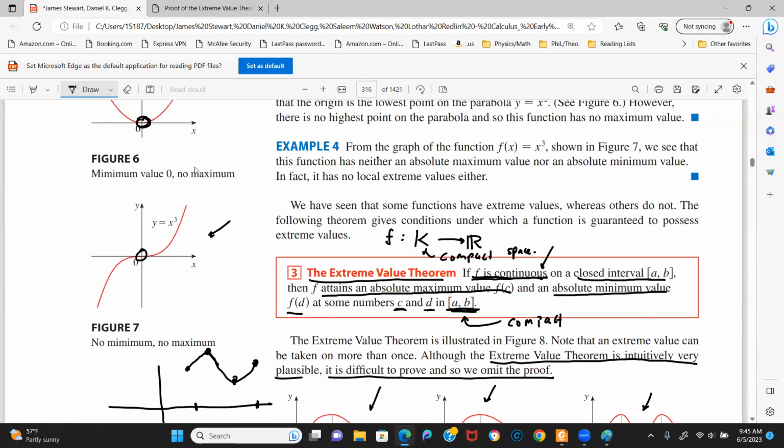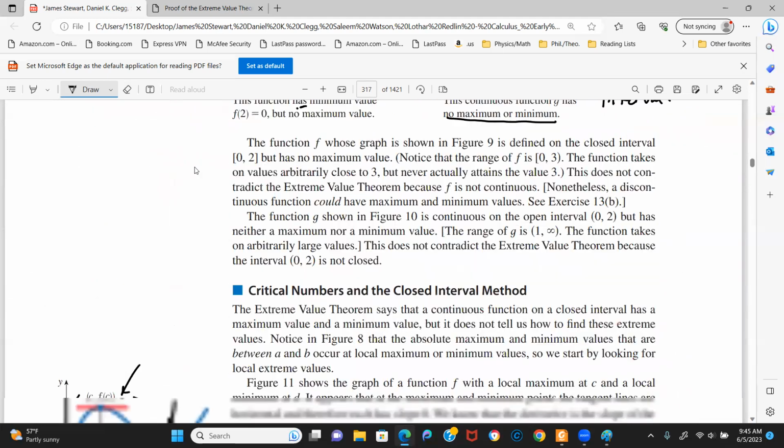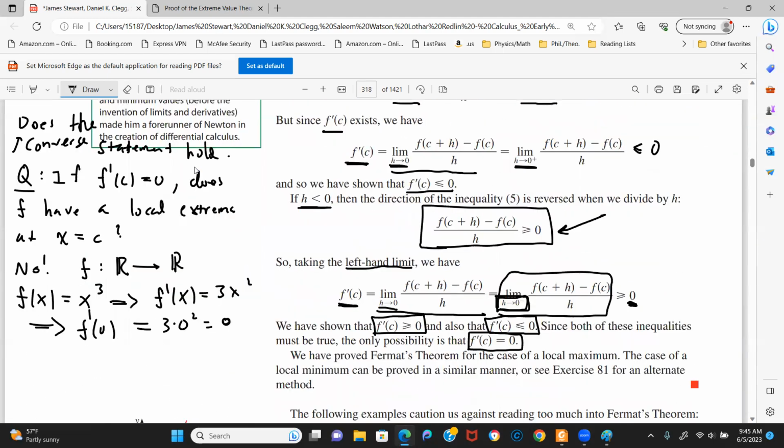This point right here at 0 is not a minimum nor maximum. So the derivative of the function is 0 at 0, but 0 itself is not a minimum or a maximum. That shows that this question doesn't always have a positive answer.